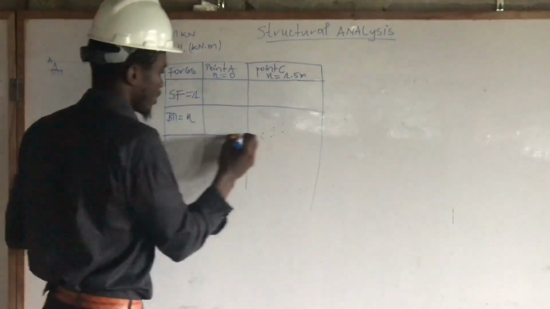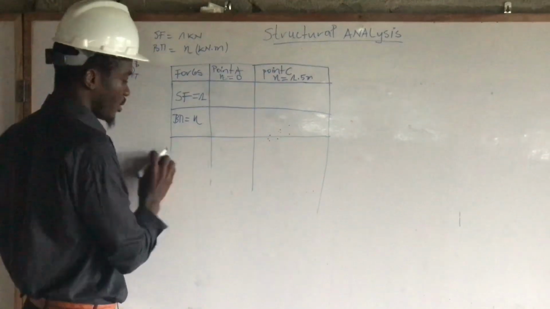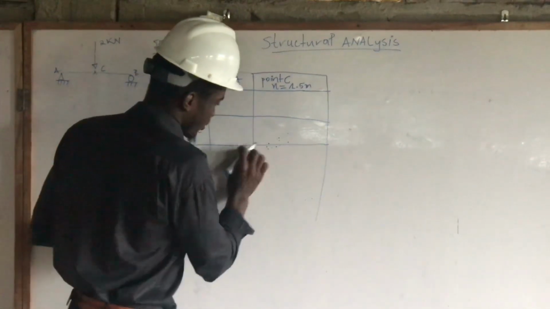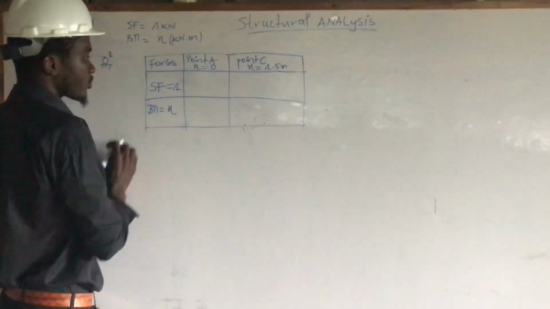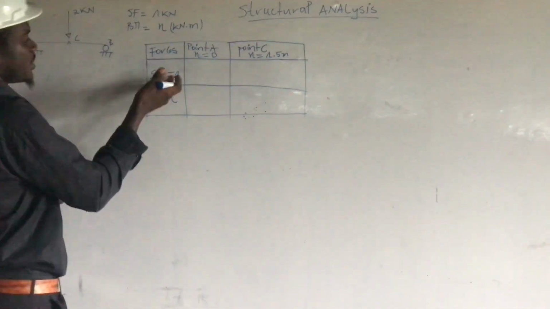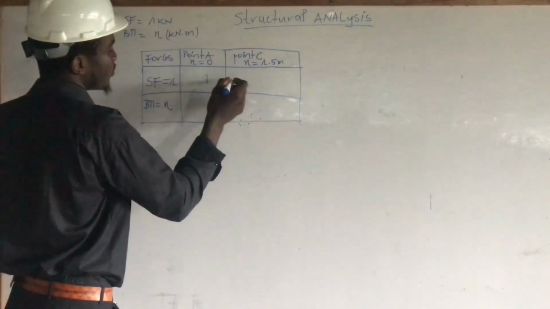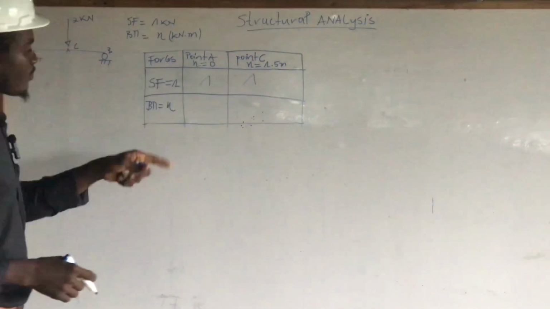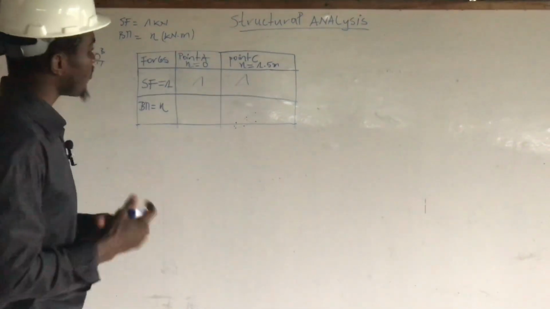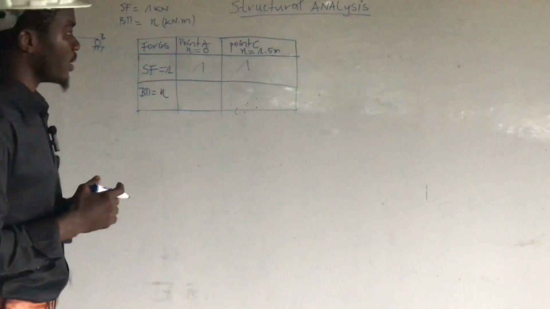So you draw just a small table like this. When you are done analyzing your structure, as the table is drawn, you see the shear force is already constant, so you just have 1 there. At x equal to 0, you have 1. At x equal to 1.5, you have 1 also.